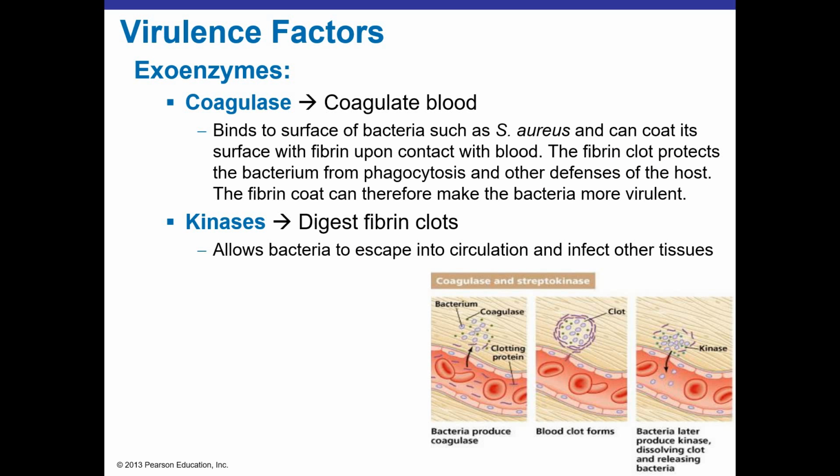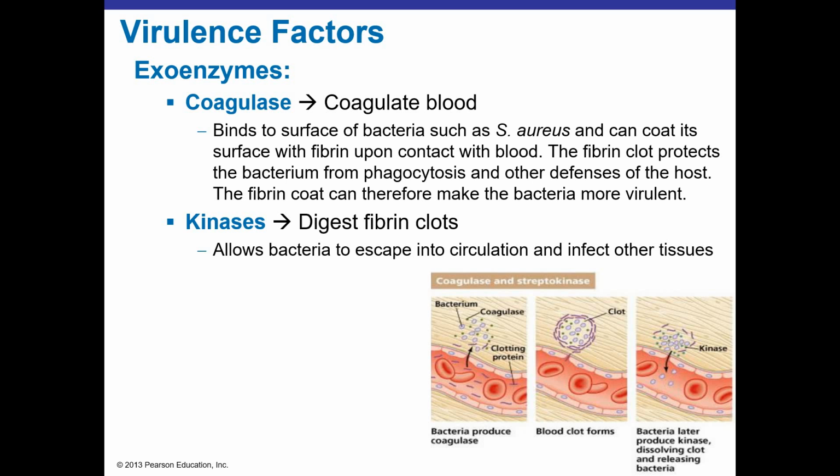If we look at various virulence factors, we see that a number of pathogens are going to be able to secrete enzymes that allow them to avoid being killed and also to invade tissues. So exoenzymes such as coagulase allow bacteria to be protected in a fibrin clot.